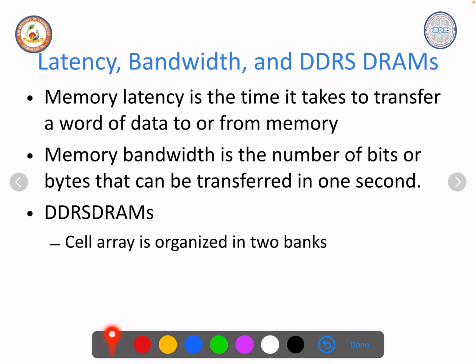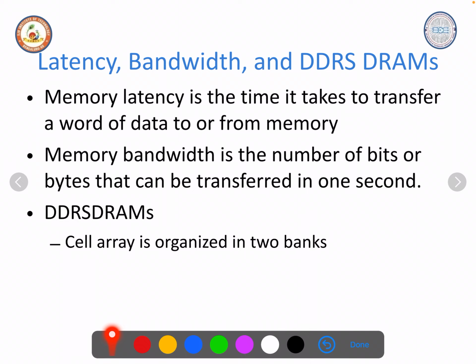Bandwidth is the number of bits or bytes that can be transferred in 1 second. In 1 second, how many bits or bytes you are transmitting is measured as bandwidth. Whereas latency indicates the time delay to transfer one word of data between memory and the processor.